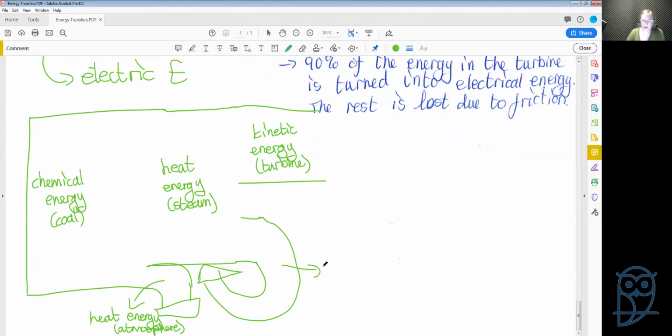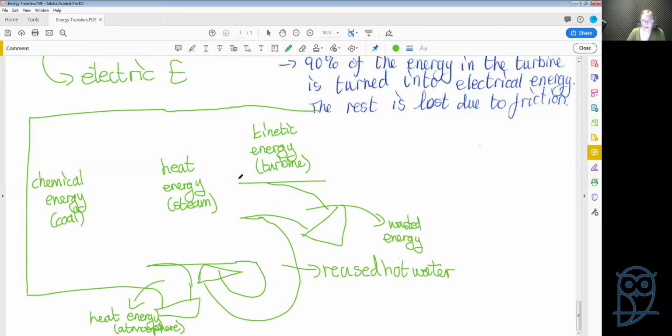So this is reused hot water. Okay, and here we have this part coming out, and this is our wasted energy from this process over here.